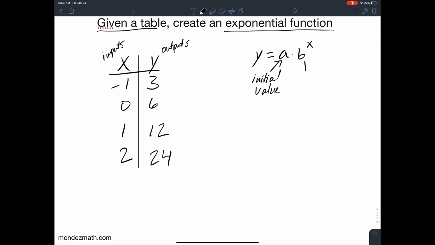And b is our common ratio. And a better way to think of the common ratio is basically the rate in which it's being multiplied.